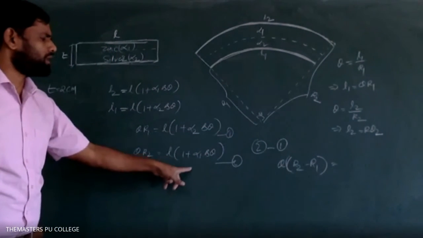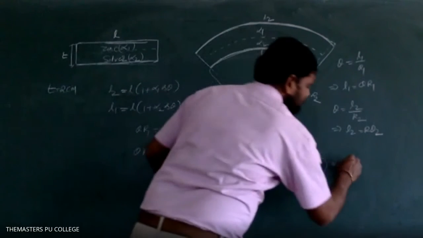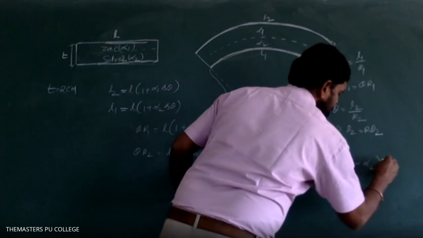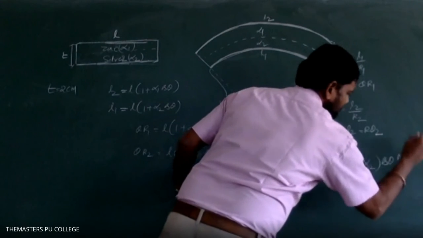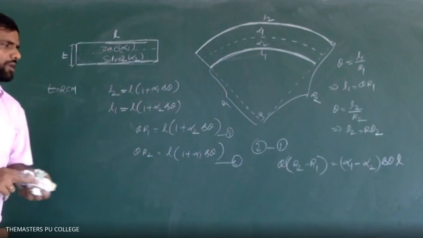The 1 gets cancelled. Finally, I'll get alpha 1 minus alpha 2 into delta theta into L. Got it? This is okay.